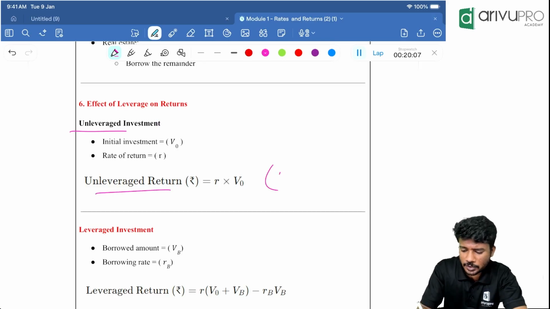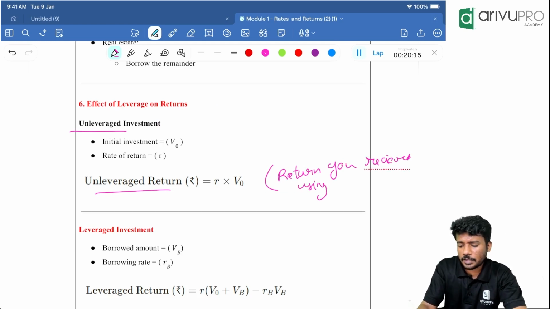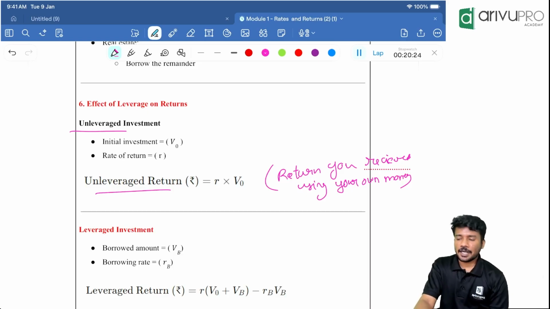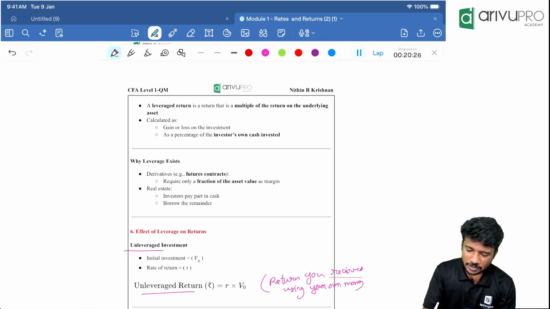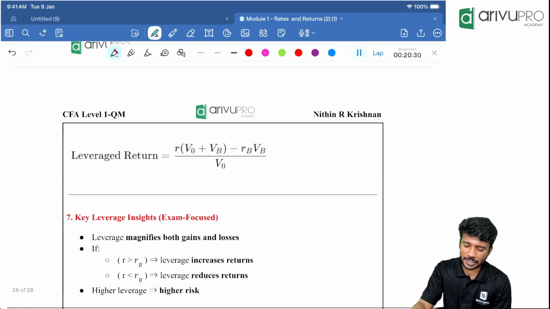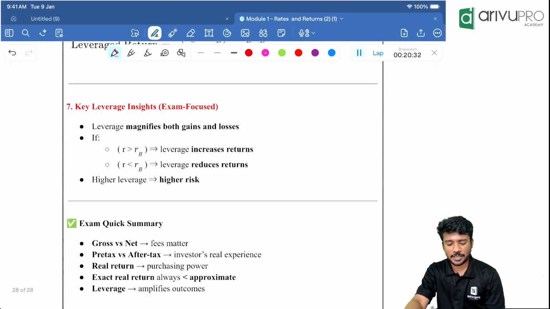Unleveraged return is the return you received using your own money. So that is leverage. Then the other one is unleveraged. You can make note of these formulas, but questions will not be there much. You can keep a note of it, not much important.